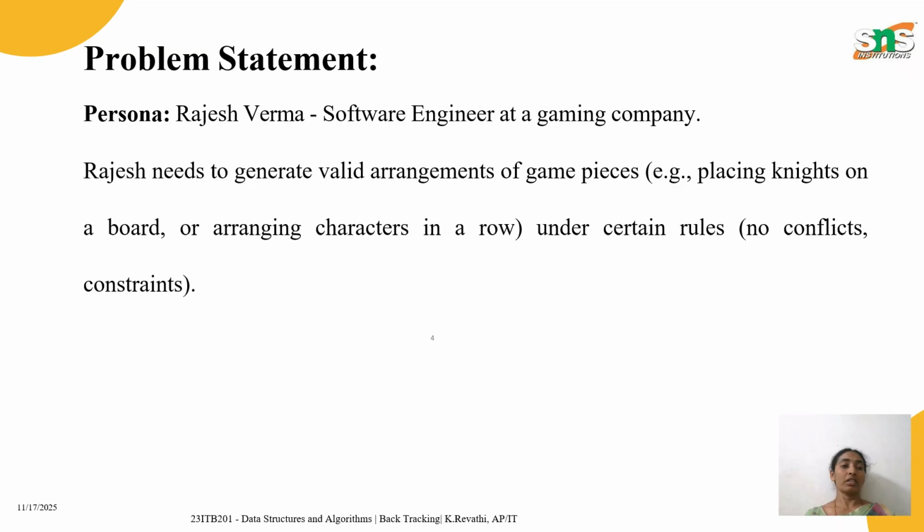The challenge is there are many possible arrangements, but most of the steps are invalid. So how do we quickly find only the correct and valid arrangements? That is where backtracking comes in for solving this conflict.